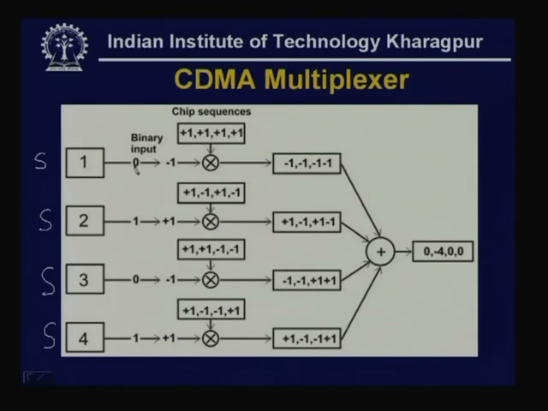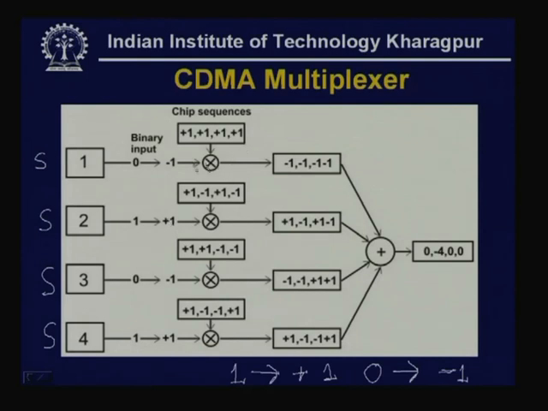Now, for pedagogical purposes, this 0 is represented by -1. On the other hand, 1 is represented by +1. So, you can see here 0 is represented by -1 and 1 is represented by +1 for pedagogical purposes.